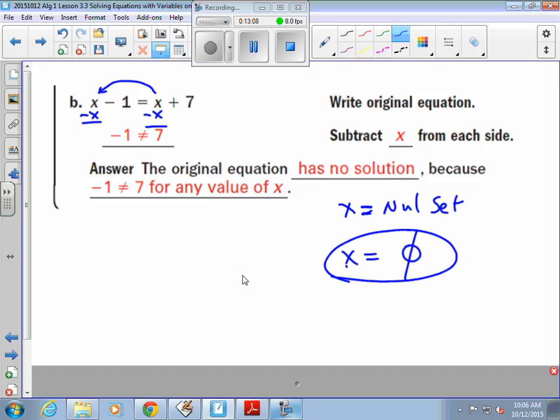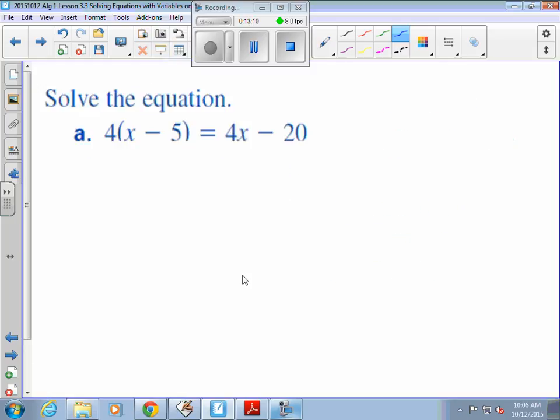So let's try two that look just like that on the back. Solve this equation: 4 times x minus 5 equals 4x minus 20. Take about 25 seconds on that.